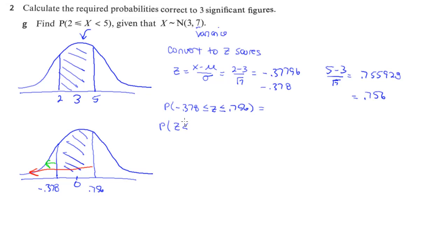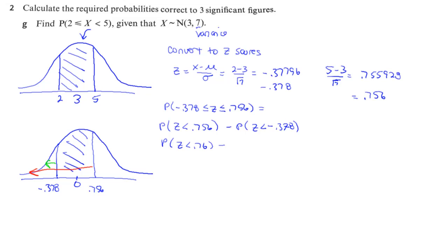I'm going to do the probability that z is less than 0.756, and then I'm going to subtract the probability that z is less than negative 0.378. Now the thing is, I can do this first one pretty easily on my tables because it goes below a positive z-score.